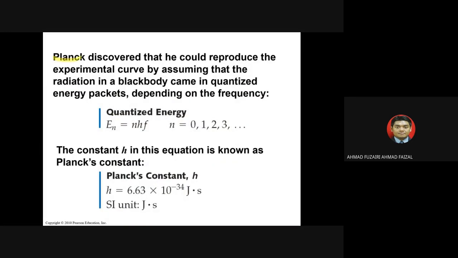A scientist named Planck discovered that he could reproduce the experimental curve by assuming that the radiation in a black body came in quantized energy packets depending on the frequency, whereby this is the equation.